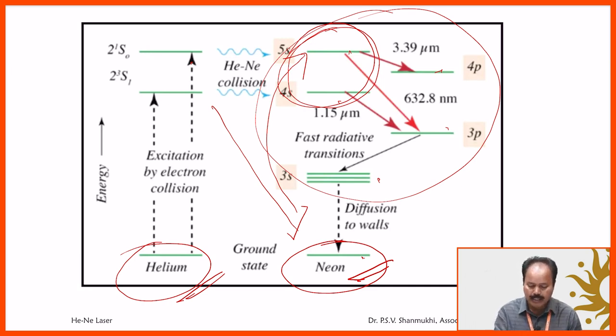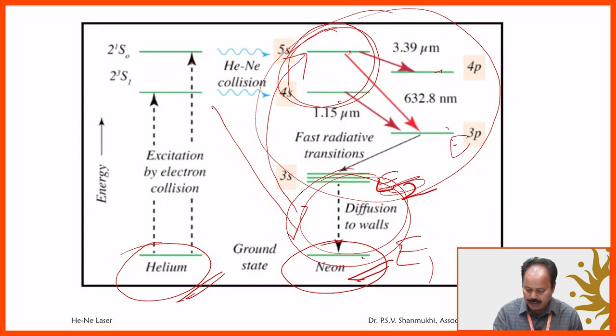Some of the neon ions go to a somewhat higher level, some go to a somewhat lower level of the higher energy band, and they are taken as a single energy band. Next, this is taken as the ground state E1, and this is taken as the E2 energy state.